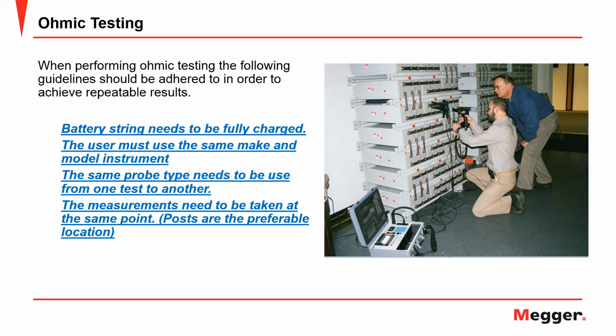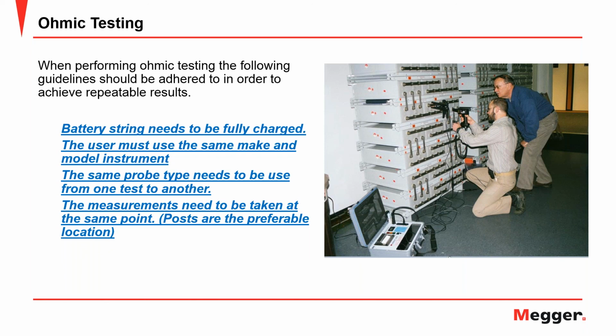So you always, no matter what type of ohmic test you're doing, want the batteries fully charged. And you want to use the same make and model instrument. If you change the make and model, you do want to establish a new reference or new baseline. It's not difficult to do, but you do need to do that.